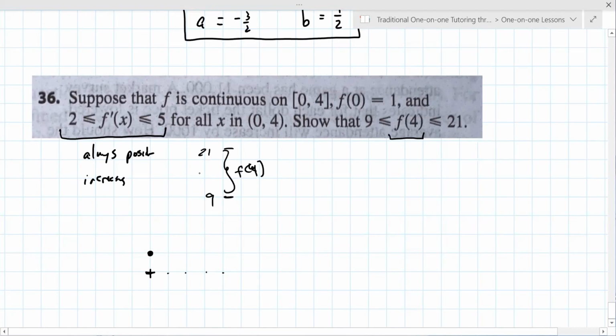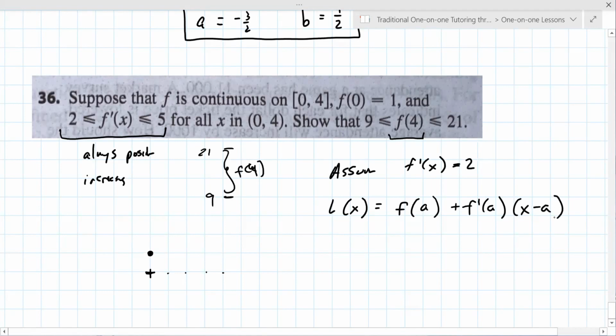So here's how this is kind of a proofy thing. Assume f prime of x equals 2, because it says at the least it's that. Using a linear approximation, the linear approximation is f of a, whatever you're starting at, plus f prime of a times x minus a.